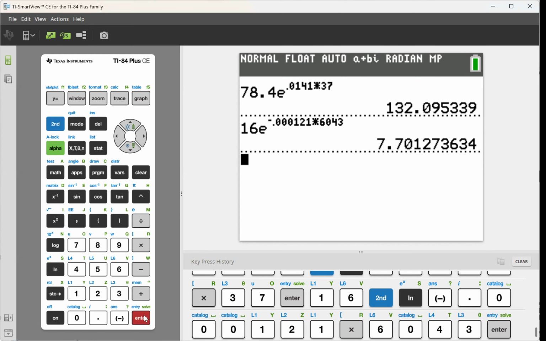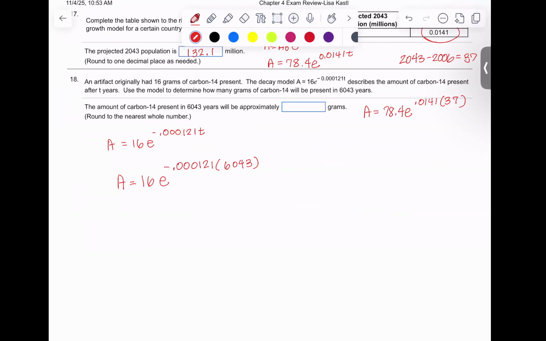And reading the instructions, they say to round to the nearest whole number. So we're going to round the 7. That's the first whole number that we have here. The number to the right of that 7 is also 7 in this case. So that's 5 or bigger, so we round that 7 up to 8. So the answer to our last problem is 8. If you have any questions, please let me know.